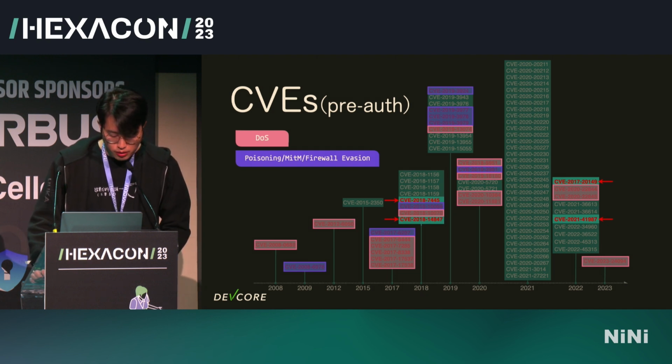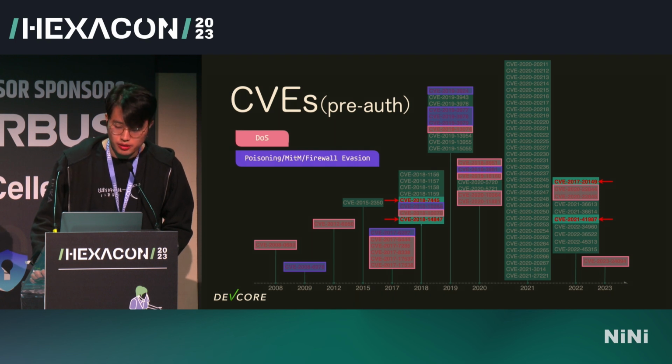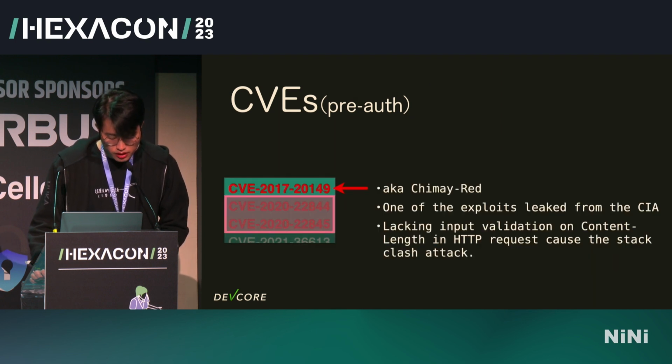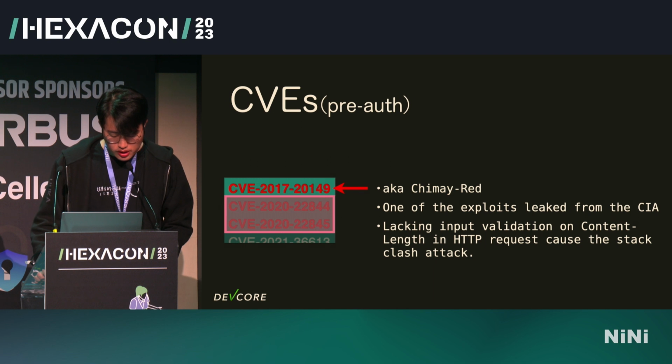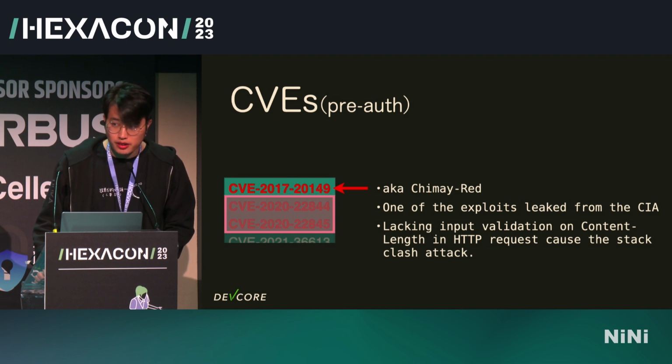And these are what we care about. And 3 out of 4 were found during 2017 to 2019. And 3 out of 4 are in the wild. So let's have a close look. CVE-2017-20149, aka Chimay-Red, is one of the exploits leaked from the CIA in 2017.